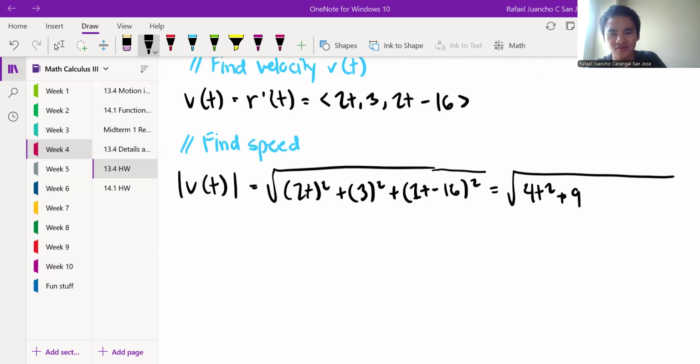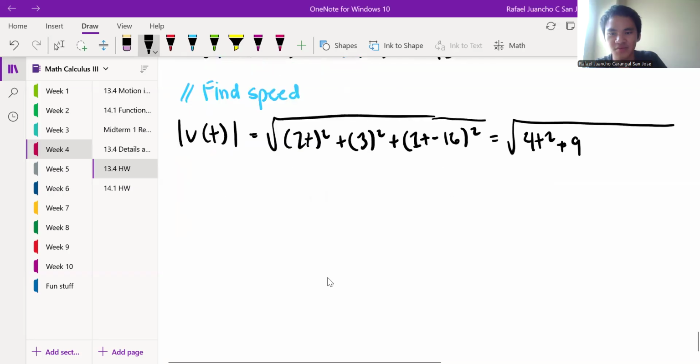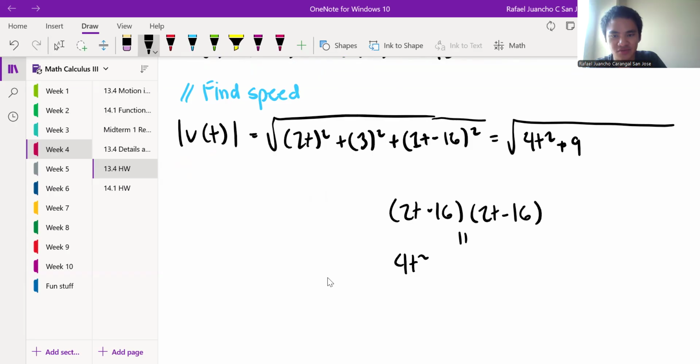I could simplify it. Maybe I'm going to expand this. So 2t minus 16, we're going to do it twice. Here I get 4t squared. Here I get minus 16 times 2t. 16 times 2 is 32, minus 32t minus 32t, so minus 64t. Then we add 16 times 16, we get 256.